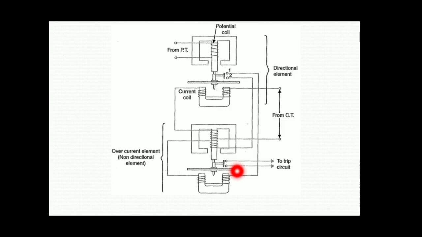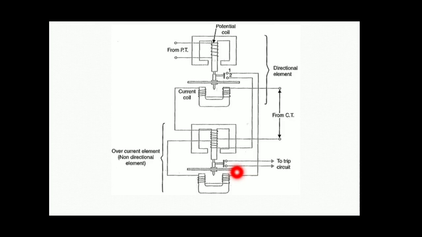In that case the disc rotates and closes the circuit, then the circuit breaker operates and disconnects the faulty section. This is the overall construction and working of a directional overcurrent power relay.